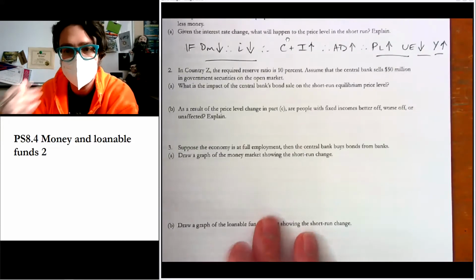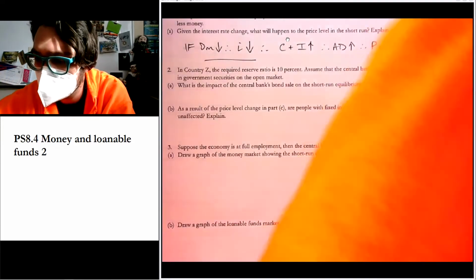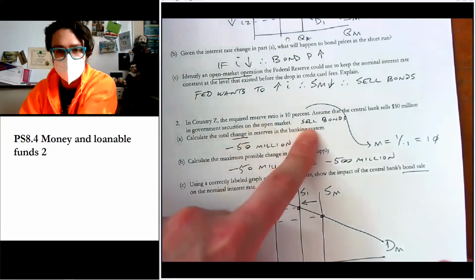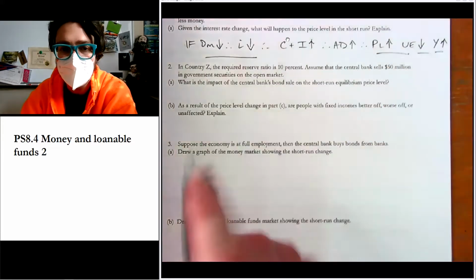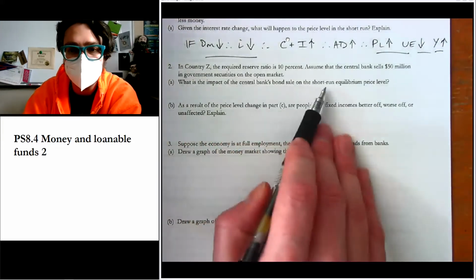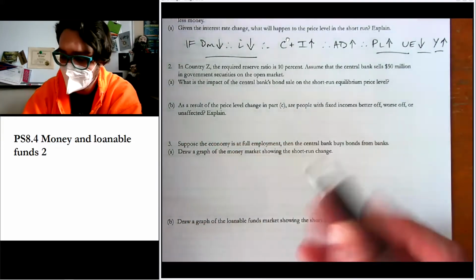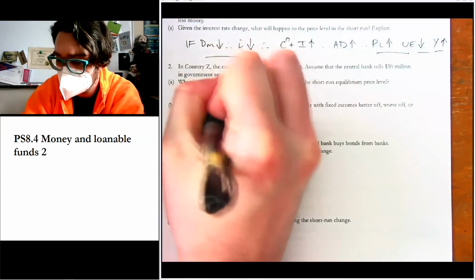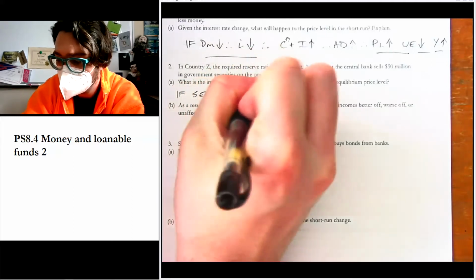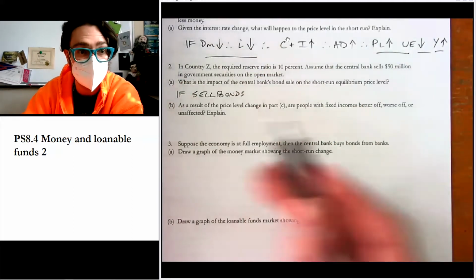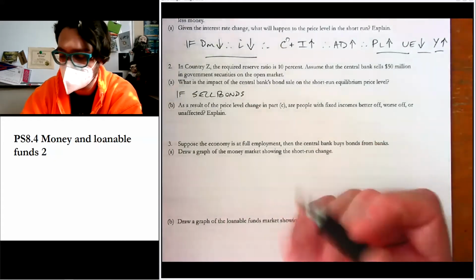Now, the second part is related to the question you studied before, where it says, in country Z, the required reserve ratio, blah, blah, blah. It says they sell 50 million in bonds. What's the impact of that on the equilibrium price level? So if they sell bonds, what does that do? Again, we're going to use basically the same logic chain, but think about what it does to the money market, or to the loanable funds market.